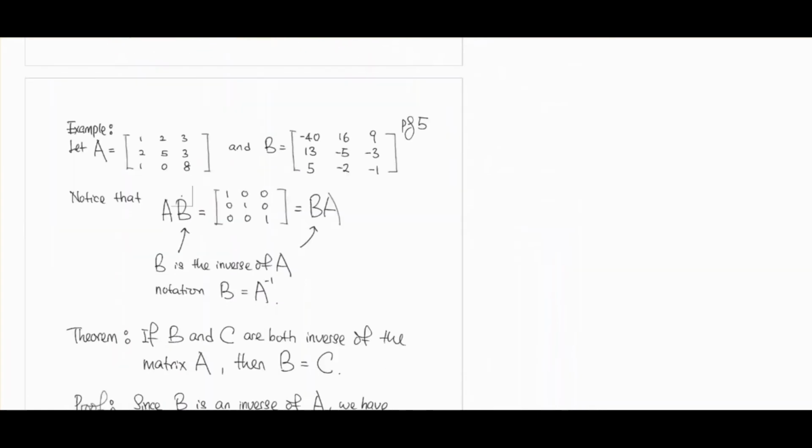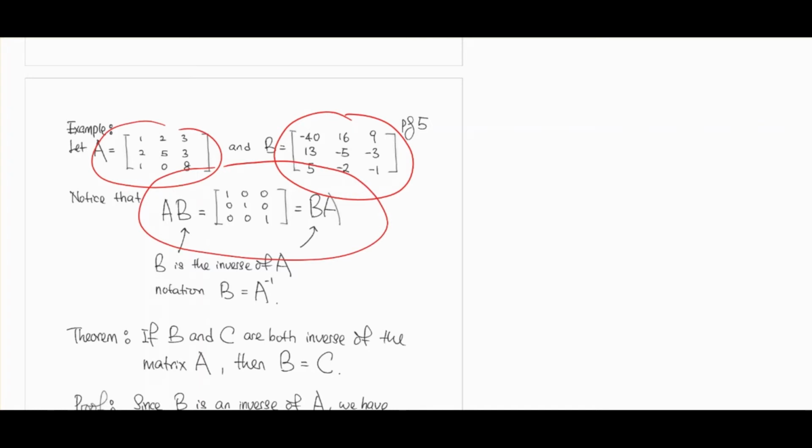For example, if you are given a matrix A and a matrix B, and you do these computations, you will see that AB and BA will both give you this identity matrix. You multiply A and B together, you get I; you multiply B and A, you also get I. So by definitions, this matrix here is the inverse of this matrix.